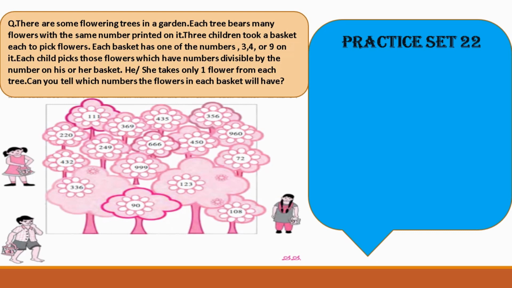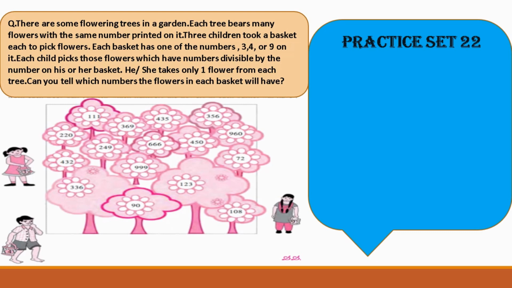Each child picks those flowers which have numbers divisible by the number on his or her basket. He or she takes only one flower from each tree. Can you tell which numbers the flowers in each basket will have?